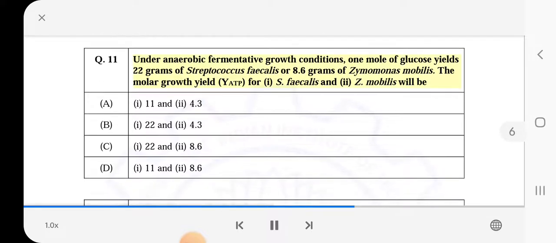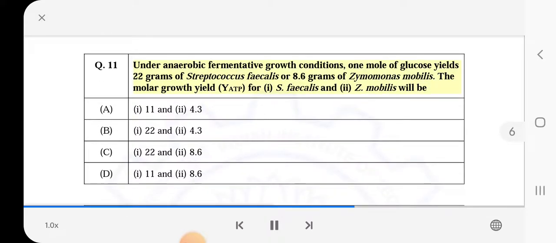The molar growth yield YATP for S. faecalis and Z. mobilis will be A. 11 and 4.3, B. 22 and 4.3, C. 22 and 8.6, D. 11 and 8.6.